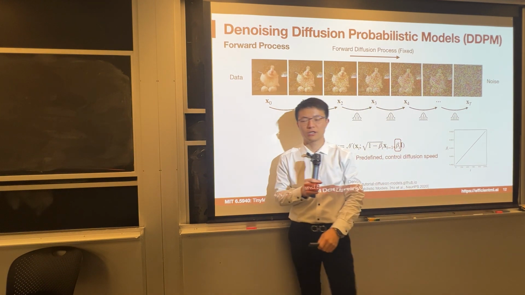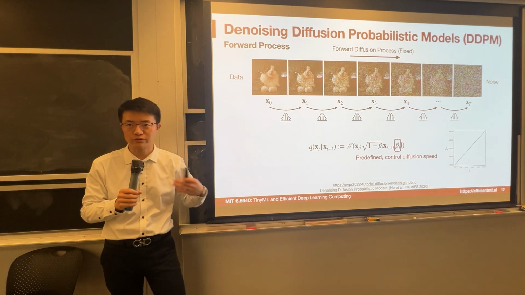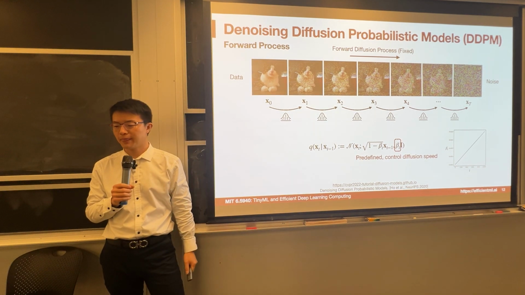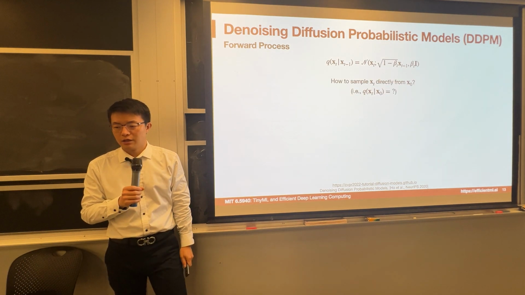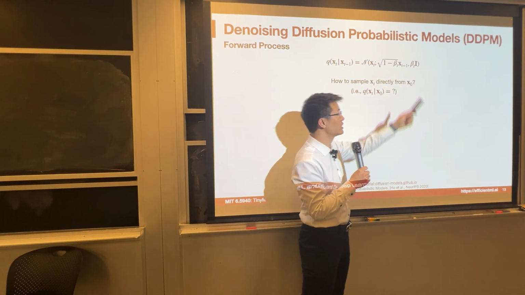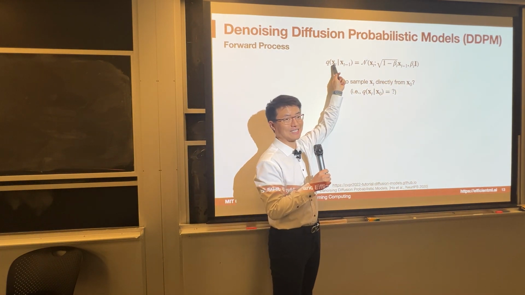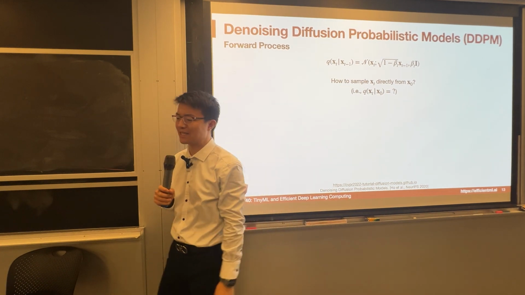And it's linearly growing with the time step, gradually adding more and more noise to the input image. So this is the relationship between two adjacent steps, xt minus 1 and xt. What's the condition on xt minus 1 to get xt?